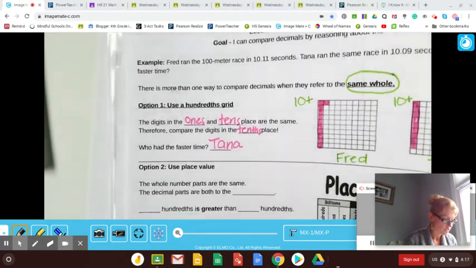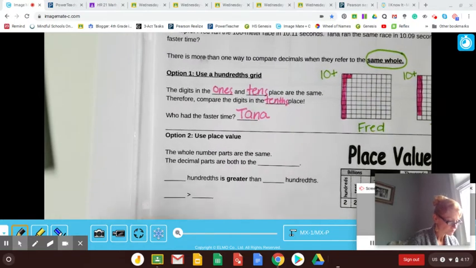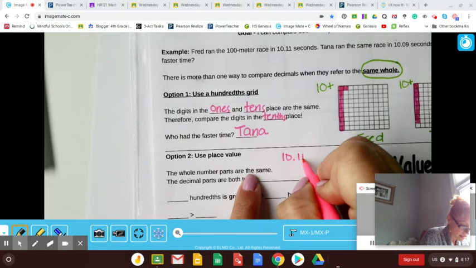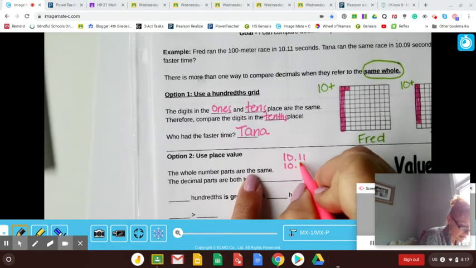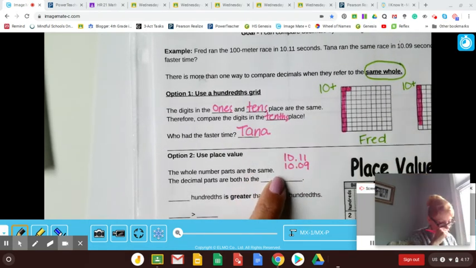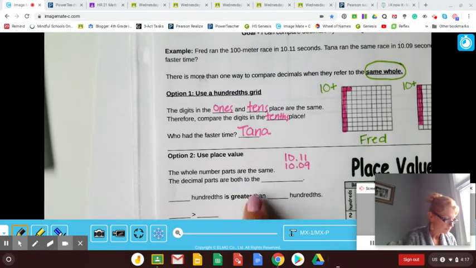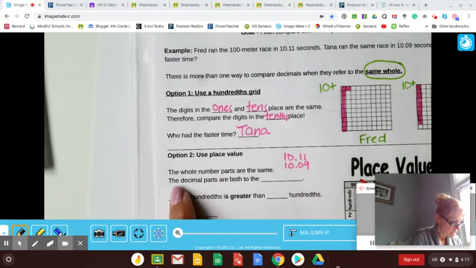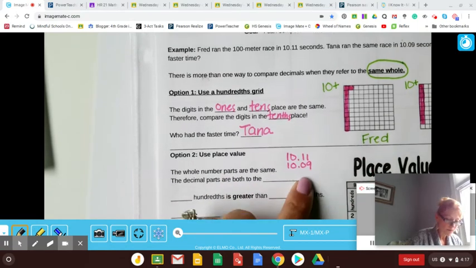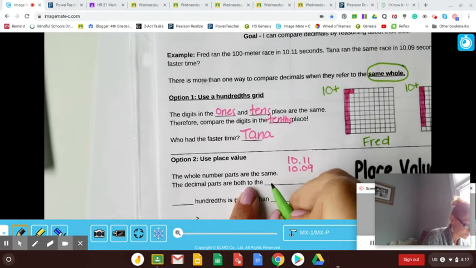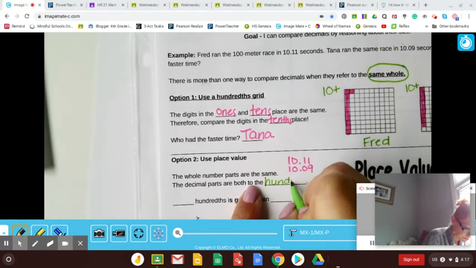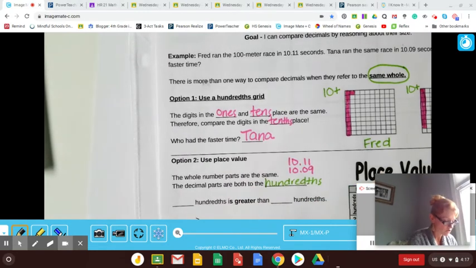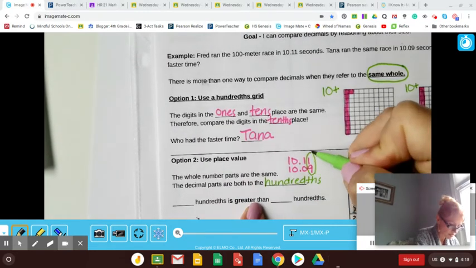Another way that we can approach this is by using place value. We already know that the whole number parts are the same. We had 10.11, and then we had 10.09, or 10 and 9 hundredths. So the whole number parts are the same. The decimal parts both go to the hundredths, which would be these digits here.